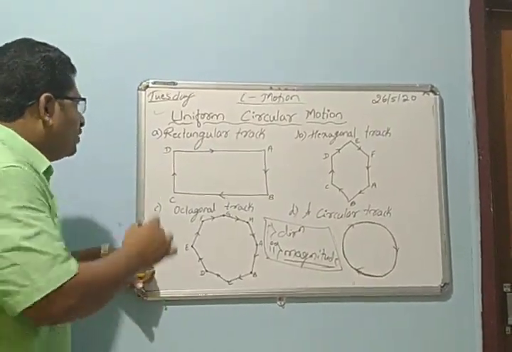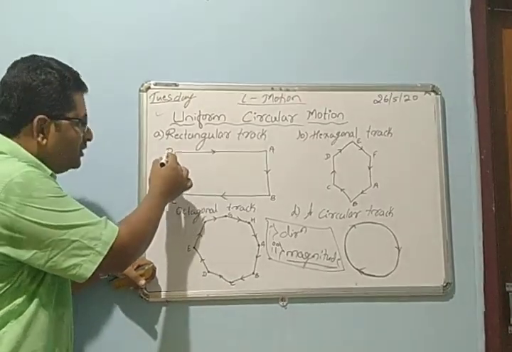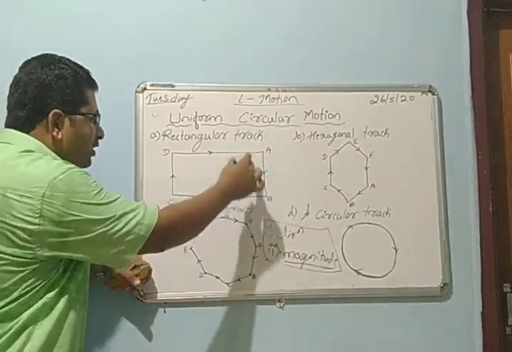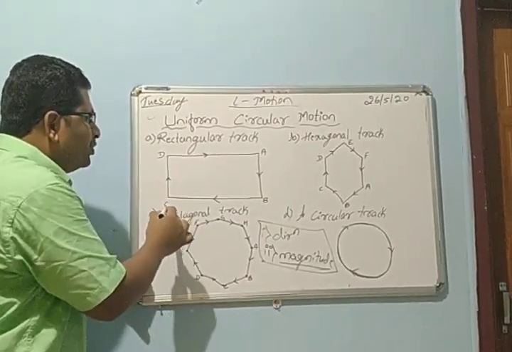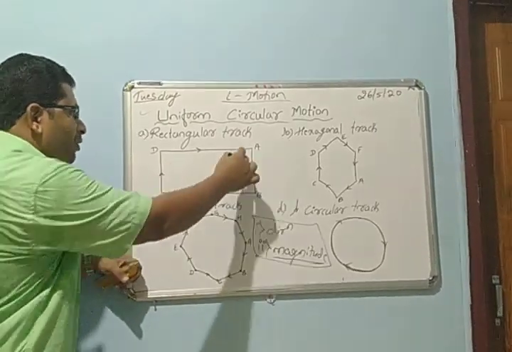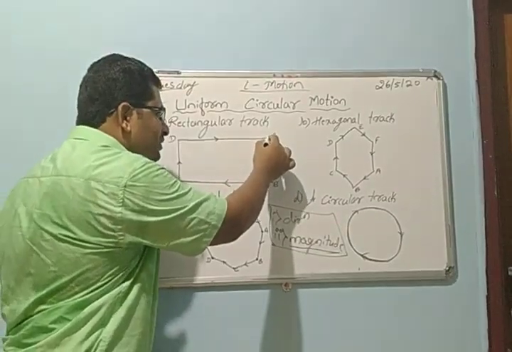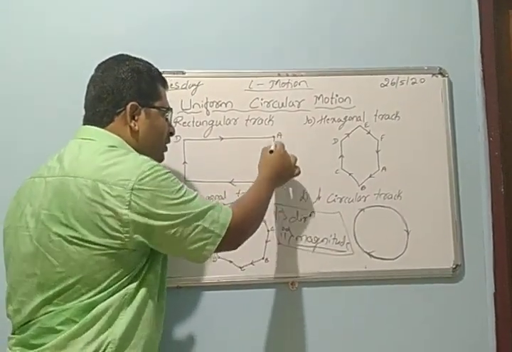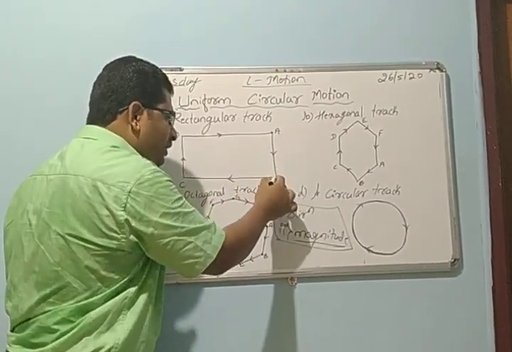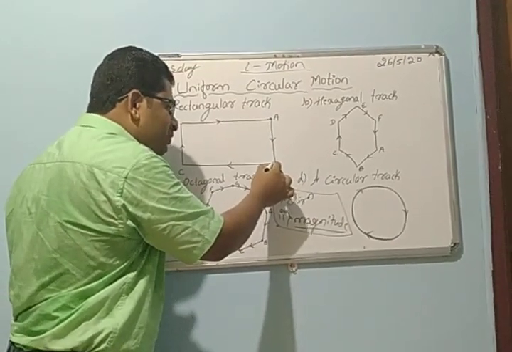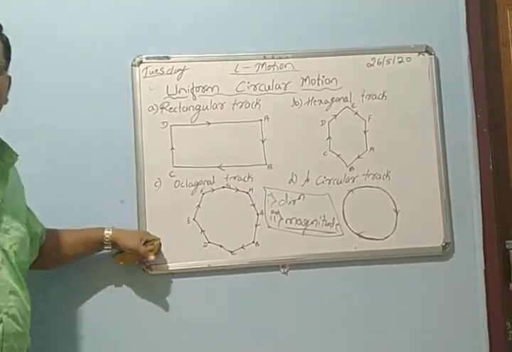Here, when an object is moving along the rectangular track, think the starting point of the motion of the object is A, and when the object moves from A and reaches B, at the point B it has to change its direction.